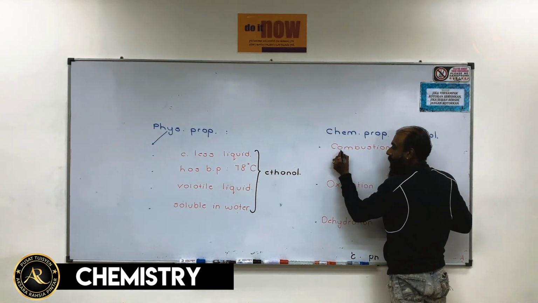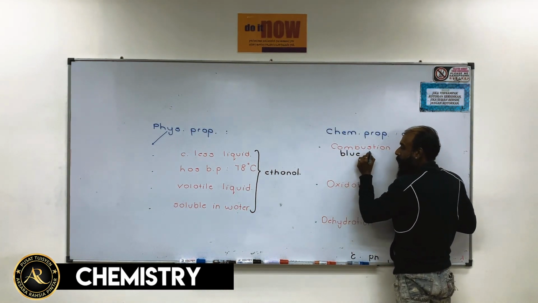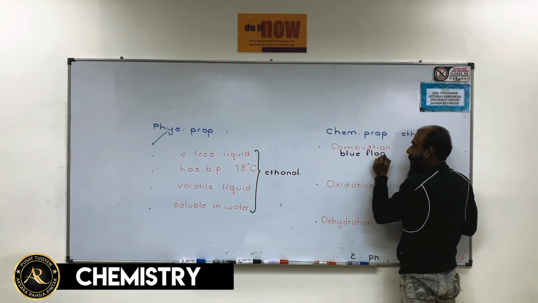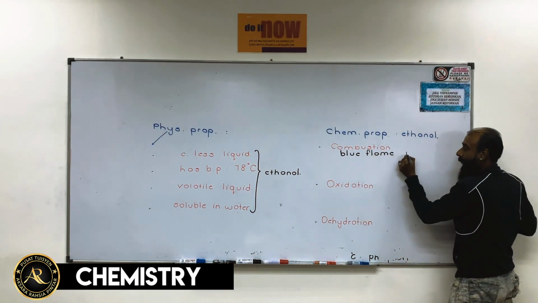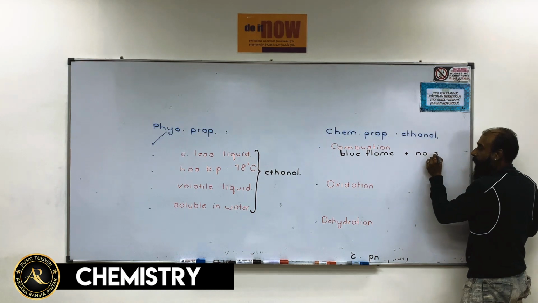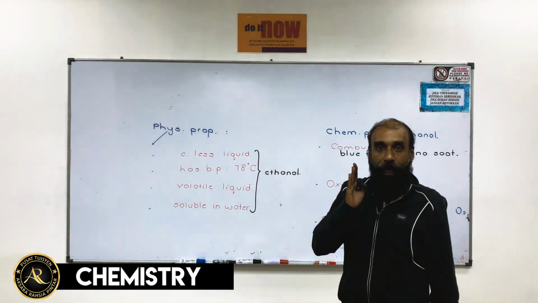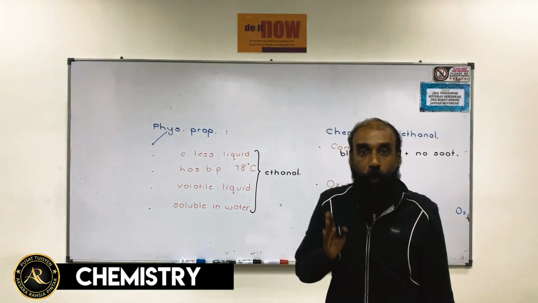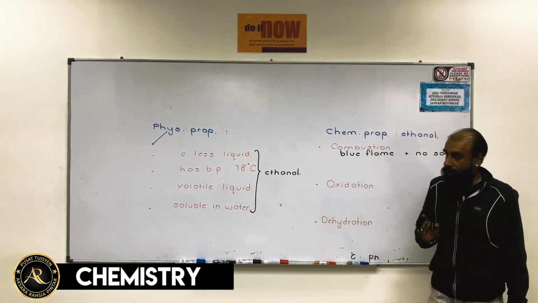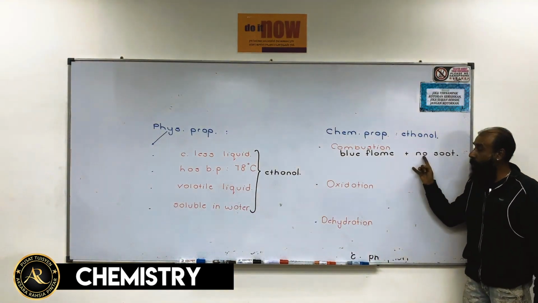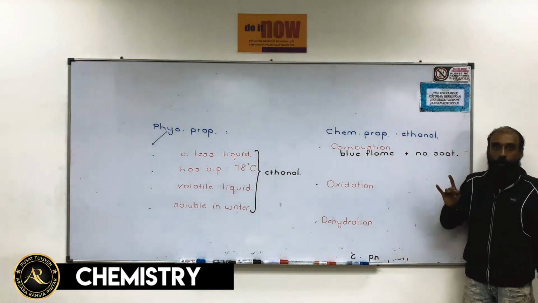Let's look at the first one, combustion of ethanol. It burns with blue flame and no soot. Remember, alcohols are good fuels because they burn with no soot, therefore no pollution.